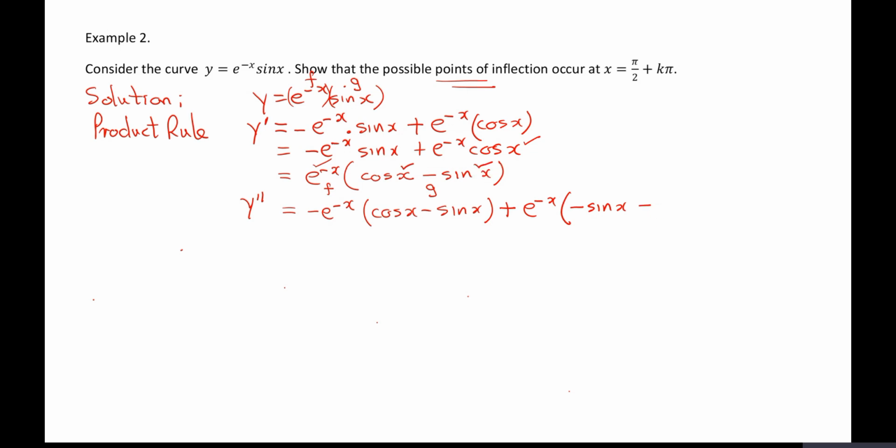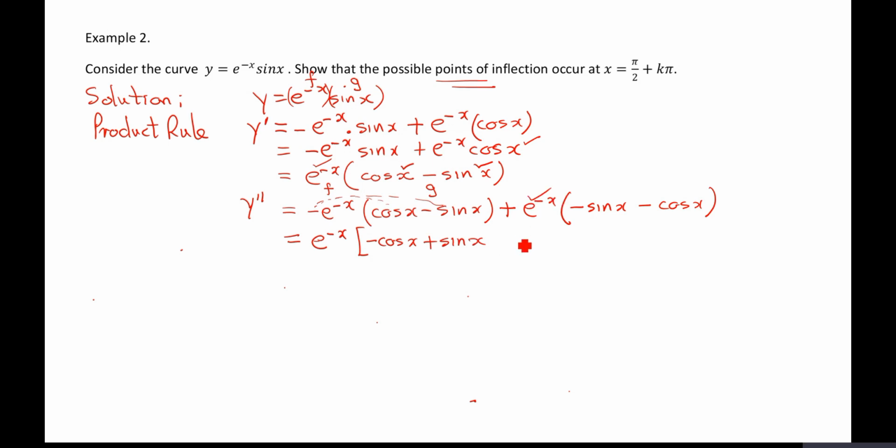What's the derivative of sine? Cos x. And I'm going to remove e to the minus x as a common factor. Be careful, I've removed e to the minus x and there's still a minus over here. So that minus must go into that bracket there. So that will become a negative cos x plus sine x.